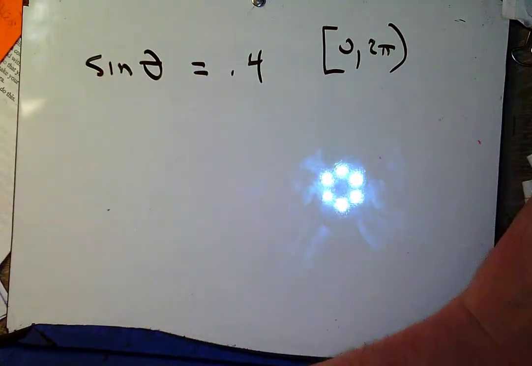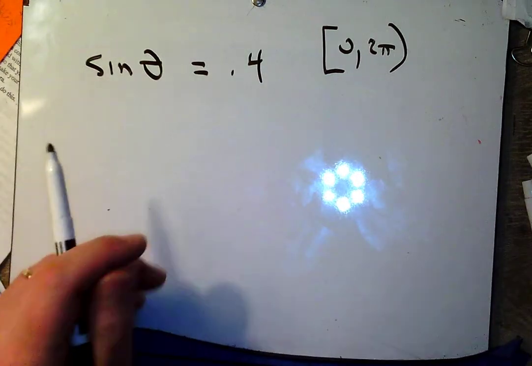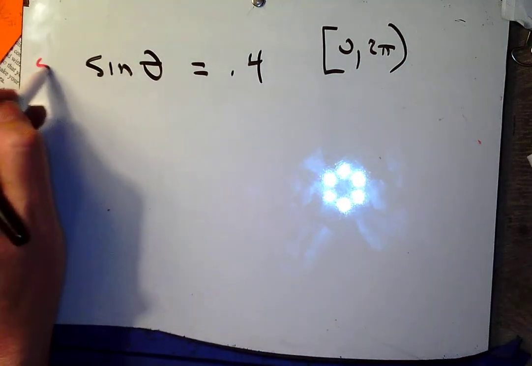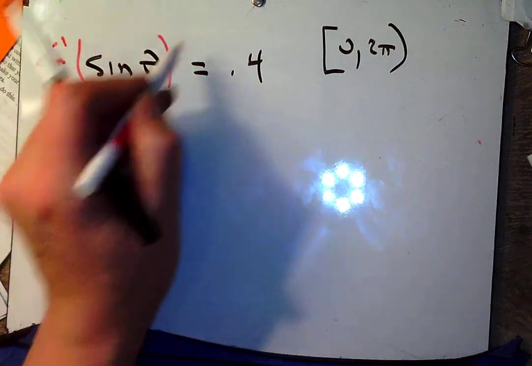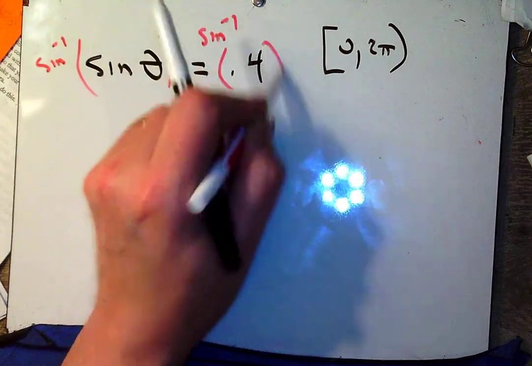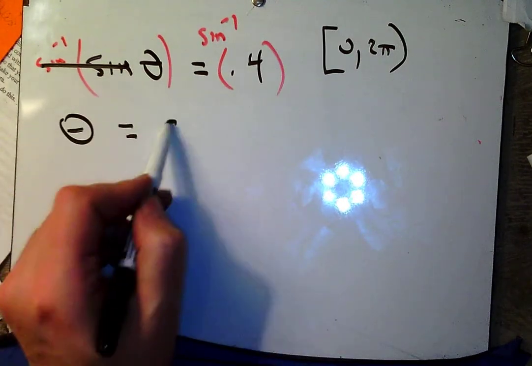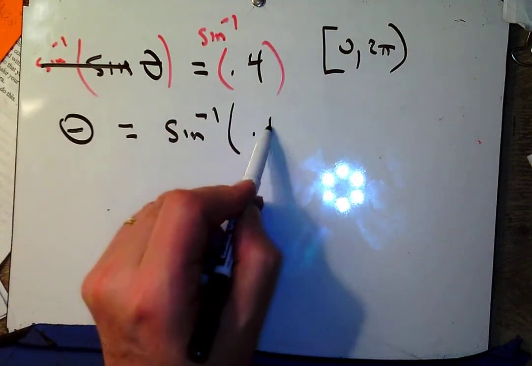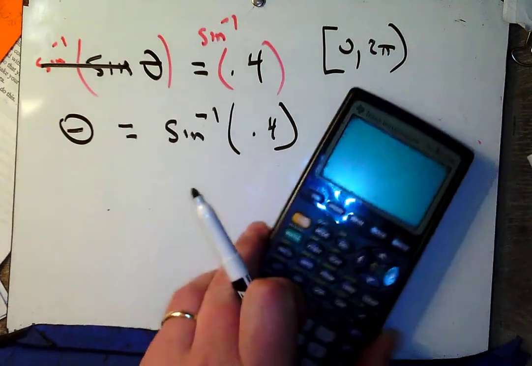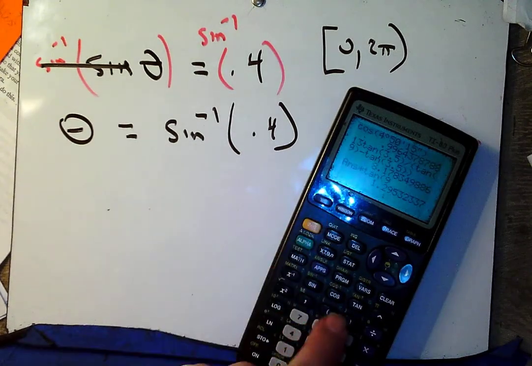Now, algebraically, I'm going to take the inverse sine of both sides and cancel, and I get theta equals inverse sine of 0.4.